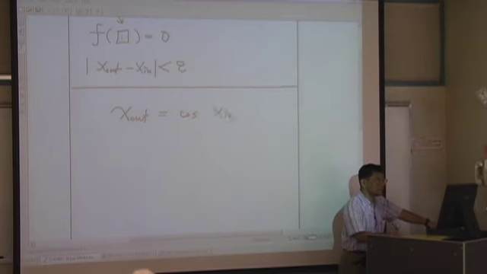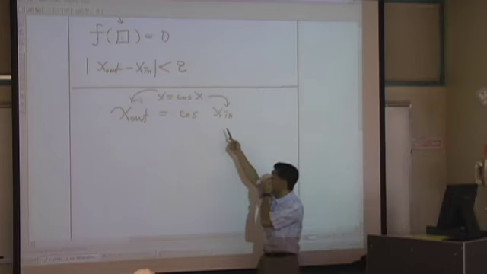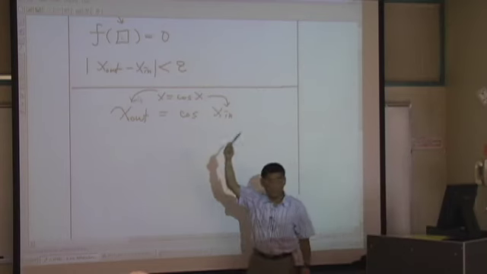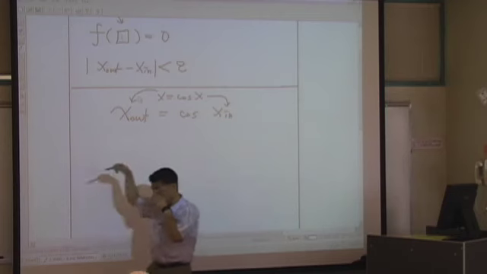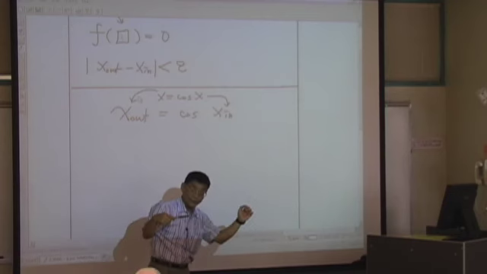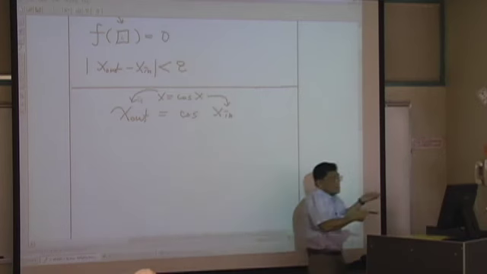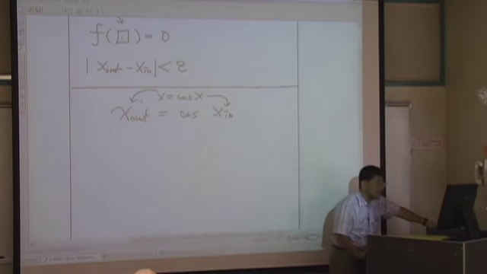Why? Because we had this equation, x equals cosine x. So I change the role. This works as input, right? This works as output, right? So I change the role of x. The right hand side x works as the input. The left side works as output. Do you follow me? Then this becomes a perfectly working example.